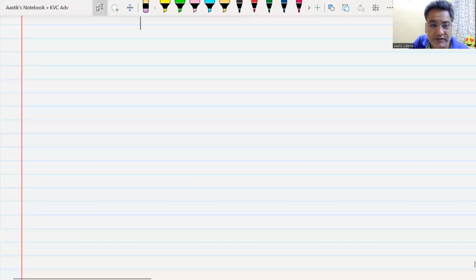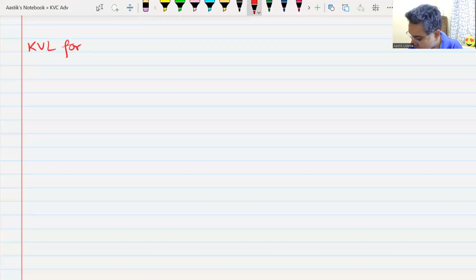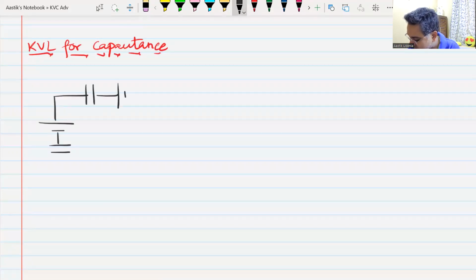Okay. Now, similar to Kirchhoff's law for resistance, you can have KVL for capacitance as well. You can make any random circuit with any random number of capacitors, and I'm making a circuit similar to what we had drawn.